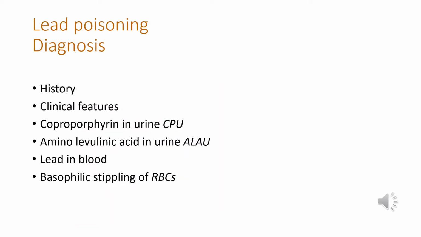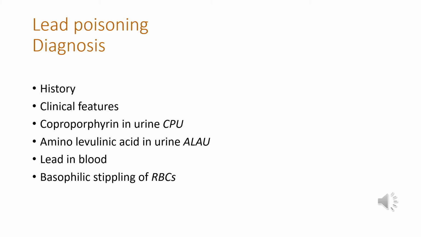So how do we diagnose lead poisoning? The first clue may be given from the history taken from the patient. The history may suggest an occupation where the person is exposed to lead compounds, or it may give a clue to the person's environment where environmental lead poisoning may have occurred. Then clinical features, as we have discussed in the previous slide, give a clue to the diagnosis.